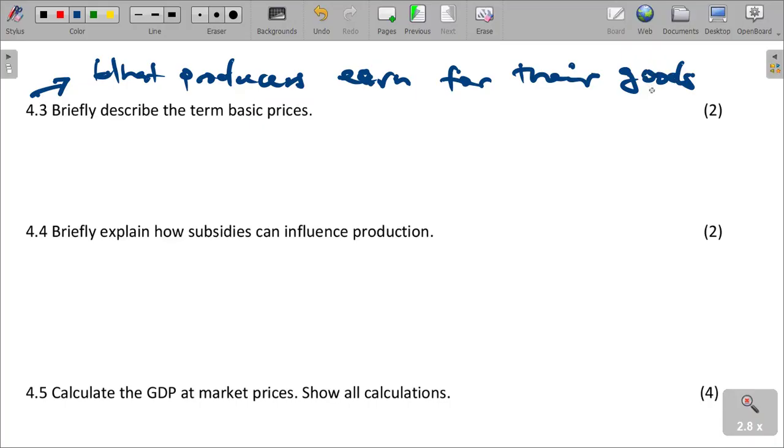What producers earn for their goods is what we call basic prices. We are looking at these as basic prices.